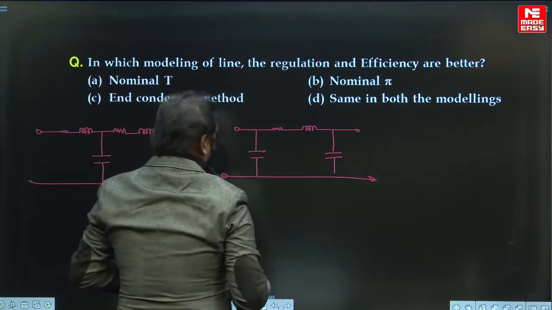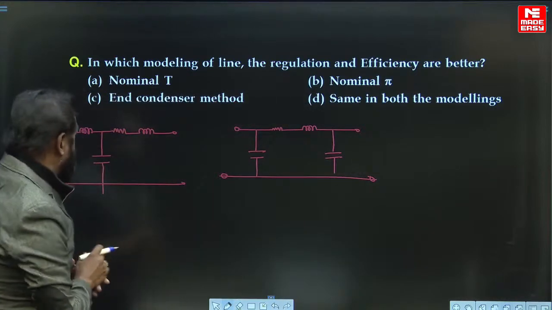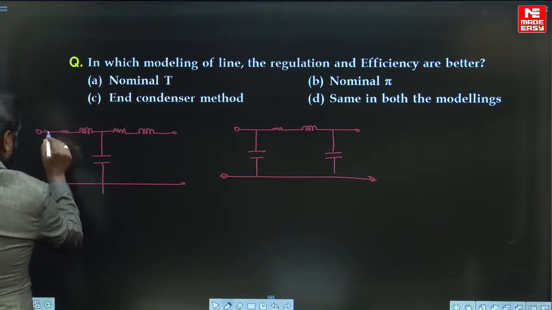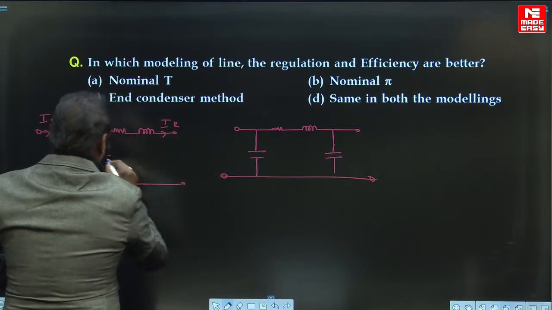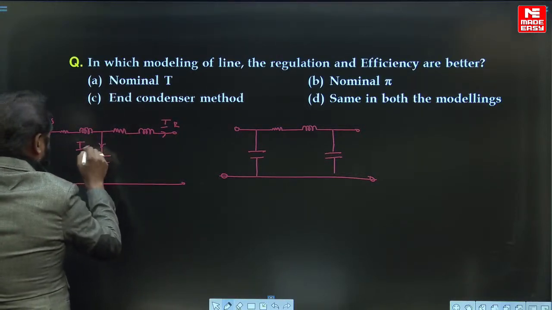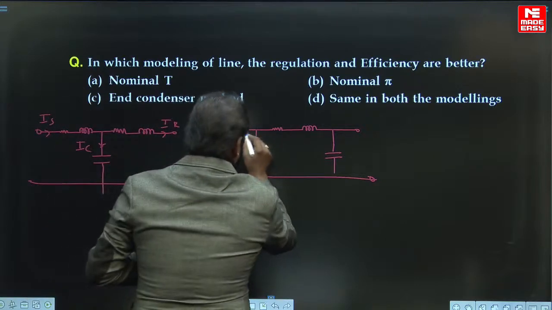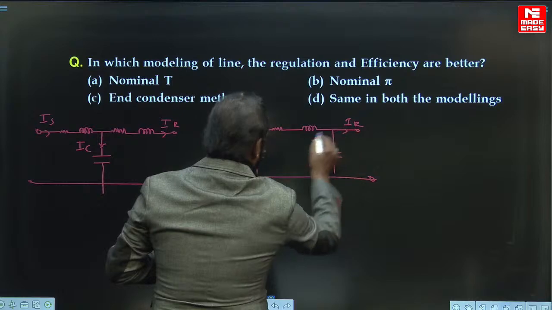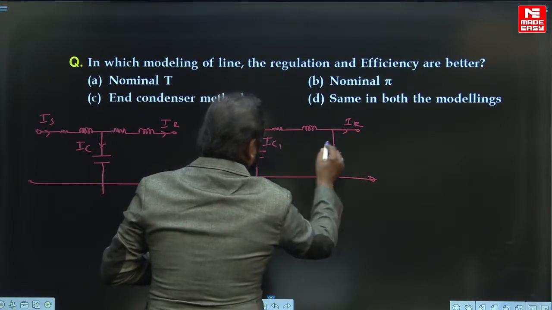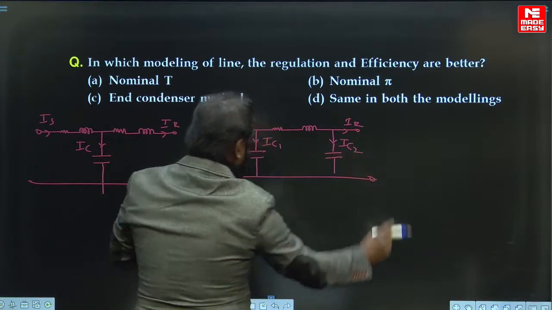This is the modeling that you can have. Now we know that the current here is IS, this current is IR, and this you can take as IC1, this you can take as IC2.